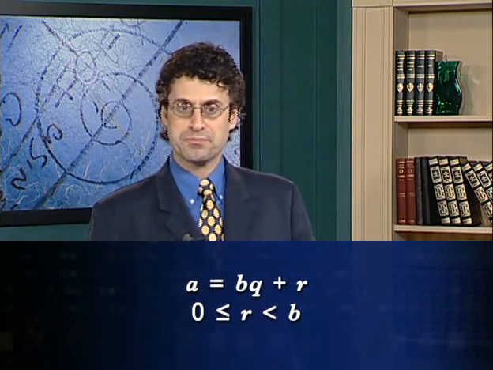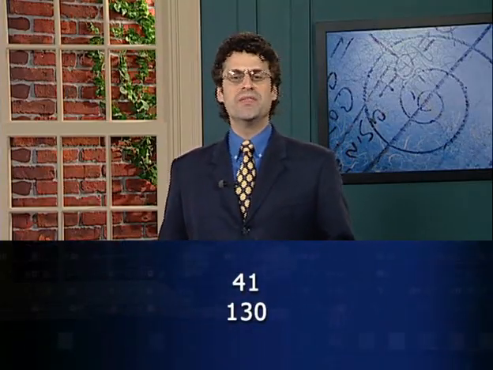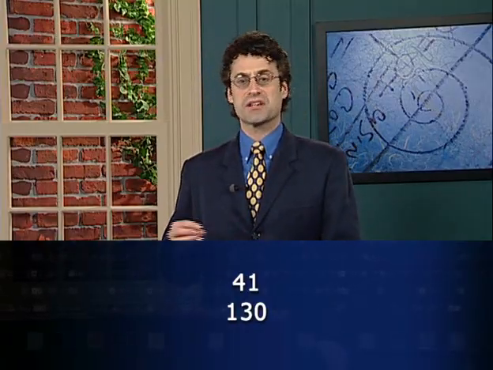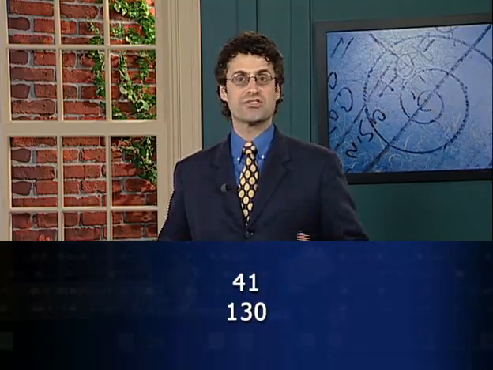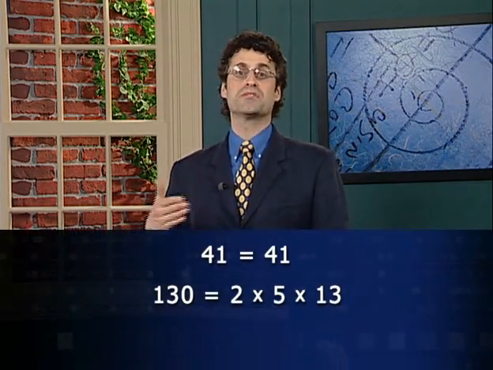So let's remember that. Well, to illustrate the method, let's find the greatest common factor of 41 and 130. Now, these numbers are small enough that we can actually find their greatest common factor by simply factoring each number and seeing the factors they have in common. Well, we note that 41 is actually a prime number, so no factoring is involved. And if we take 130, we'd factor it as 2 times 5 times 13.